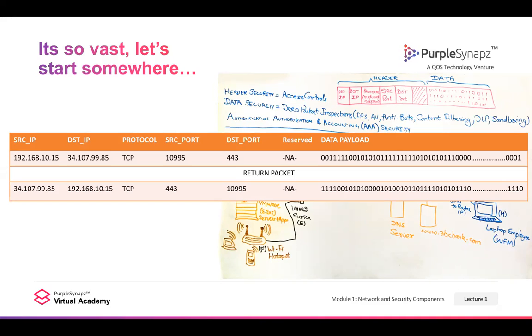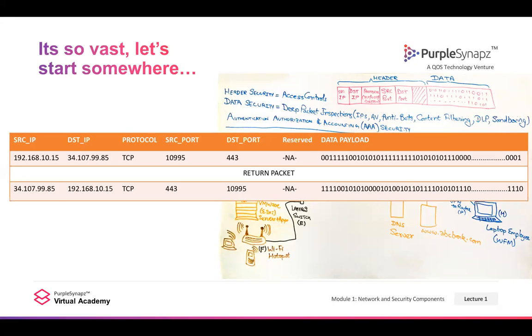Let's say that outlet is also numbered, because each house will have some windows and doors to get out or in. So that door number is 10995. Then when I reach the destination, the destination has written that I am a courier boy, so all courier boys will only enter via gate number 443 in this house.